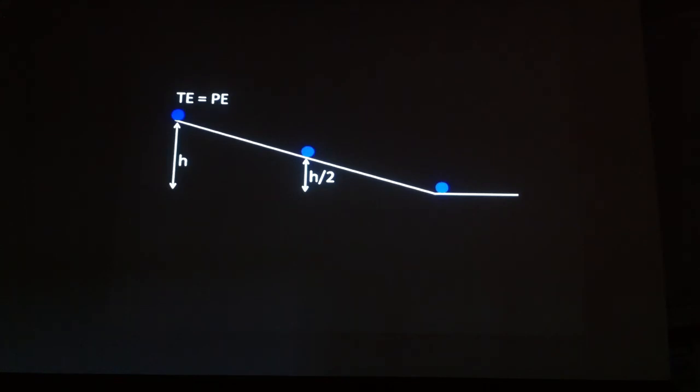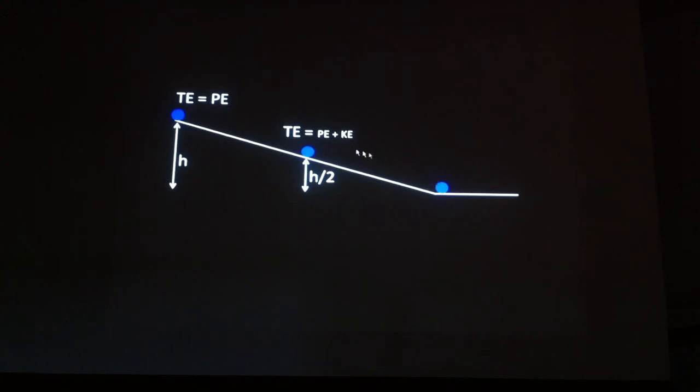As the ball rolls down the hill, it will gain kinetic energy, but because it's losing height, it will lose potential energy. So much, in fact, that as you get halfway down the hill, the potential energy will be half of its original value, and kinetic energy will make up the other half of the total amount of energy, which is remaining constant.